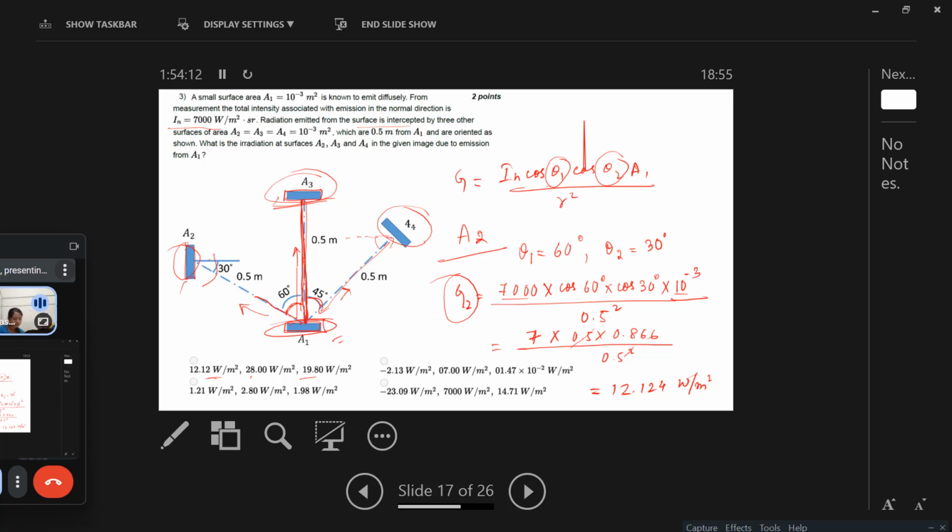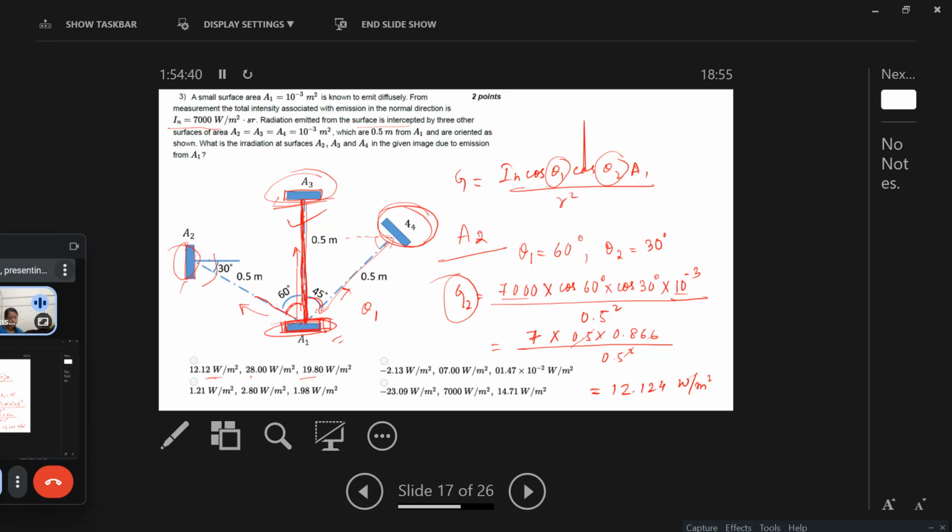Okay, for this surface, what we see is, for theta 1, we first need to see the first surface, that is this A1, and the normal to this A1, that is this line.